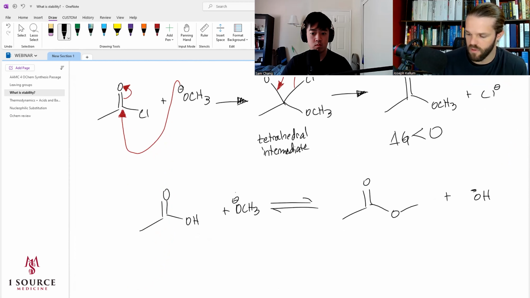So if we drew this and asked for the KEQ of this reaction, and you can type this in the chat maybe, is it going to be greater than 1, 1, or less than 1? The equilibrium constant of this thing. Greater than 1, less than 1, or 1.